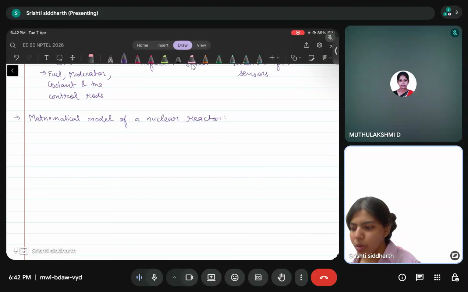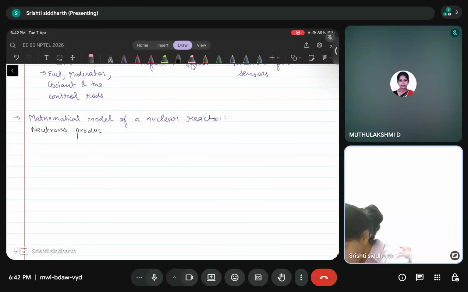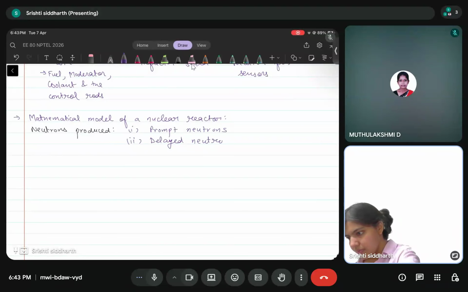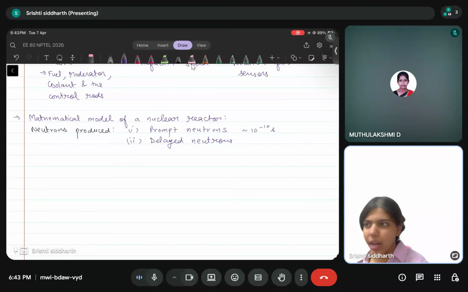Alright, so there are two types of neutrons which are released, right? The prompt ones, once produced, and the delayed ones. Okay, so these are released within 10 to the power minus 14 seconds of the fission reaction.